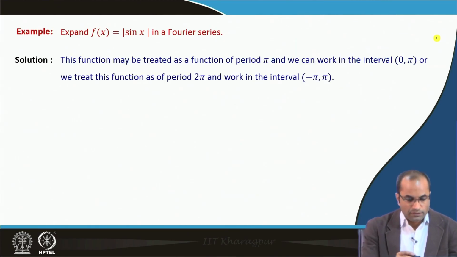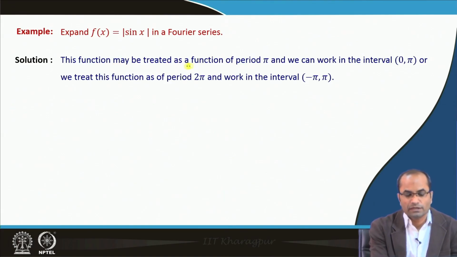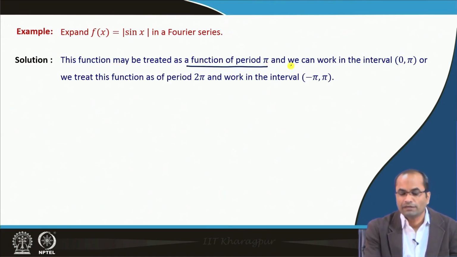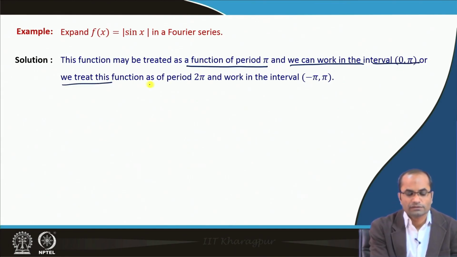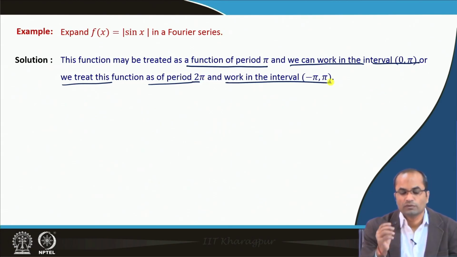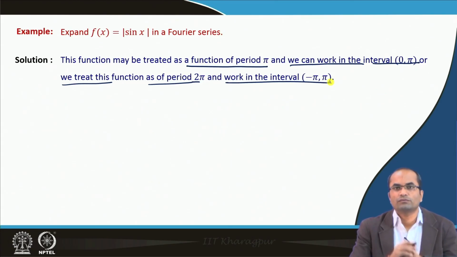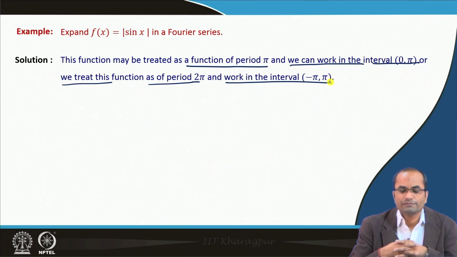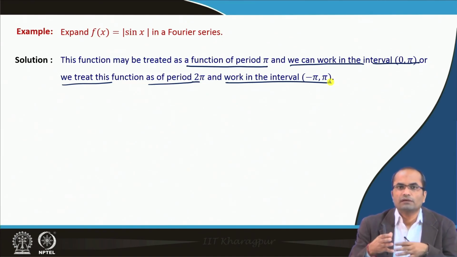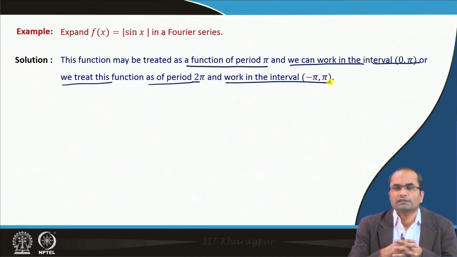So, this function may be treated as a function of period pi, and we can work in the interval 0 to pi, or we can treat this function as a function of period 2 pi, and we can work in the interval minus pi to pi. So, we will take two cases here. In the first case, we will treat this function as a function of period pi, which is actually the fundamental period of this function, and in the second case we will multiply this fundamental period pi by 2.